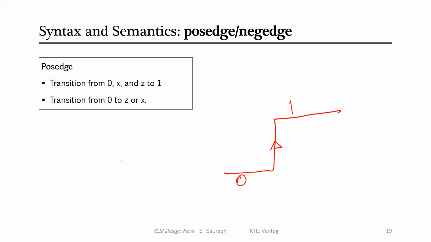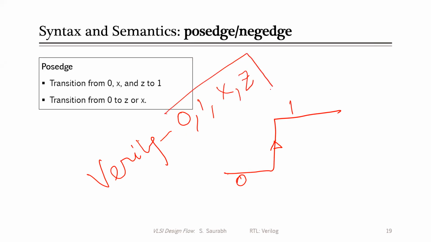But understand that Verilog supports four kinds of logic values. It supports 0, 1, X, and Z. These are the four different values supported by Verilog. So when the signal is either X or Z, that is also treated as a posedge, right?